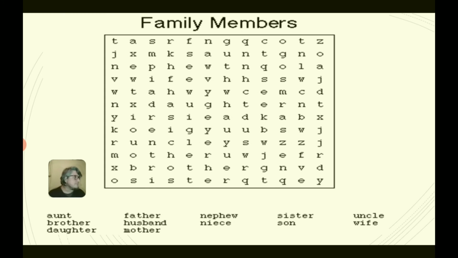What do we have here? We have a word soup. So what do we have to do? Fine, you have to stop the video right now so you have the time to look for the words. The words that you have here, down there, you have to look for them in the word soup.